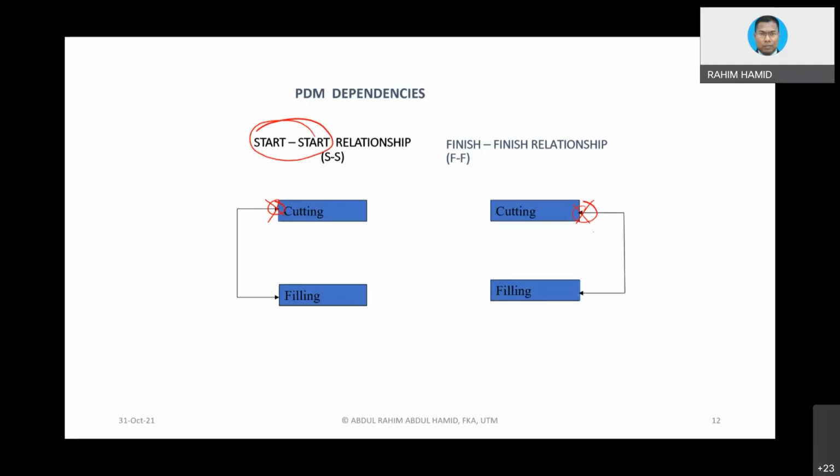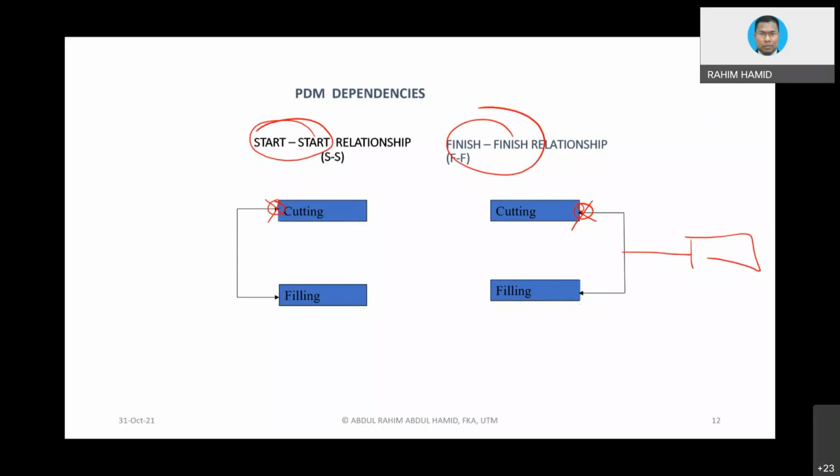But if, for instance, you draw something like this and then it is going to be connected to something else, that will be another story. Okay, normally one tail, one arrowhead. Okay, so it looks the same in terms of cutting and filling, but the most important thing will be the timing of the finish or the timing of the start.